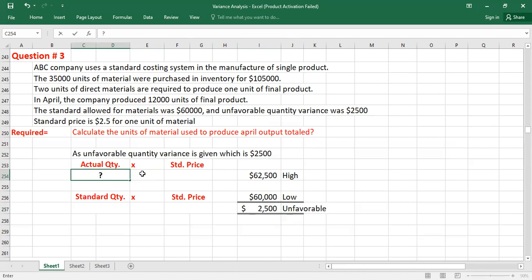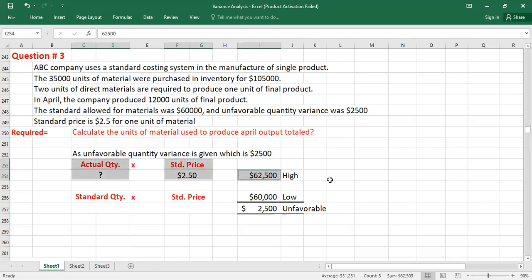We are provided with the standard price data also, and the standard price is $2.5. So if I take this value divided by the standard price, I can reach the actual quantity. Because if you have the actual quantity and multiply it with the standard price, you reach this value.